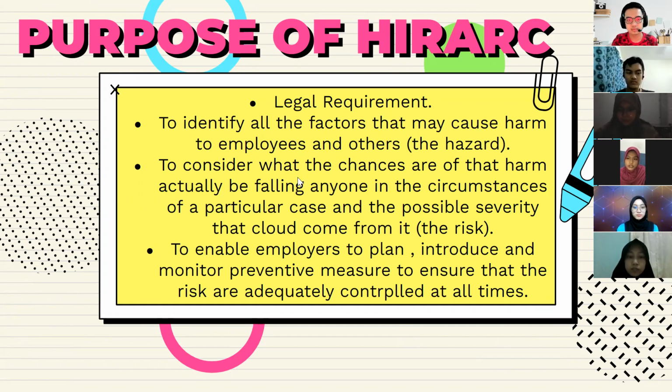The third is to consider what the chances are of that harm actually befalling anyone in the circumstance of a particular case and the possible severity that could come from it. And the last is to enable employers to plan, introduce, and monitor preventive measures to ensure that the risks are adequately controlled at all times.